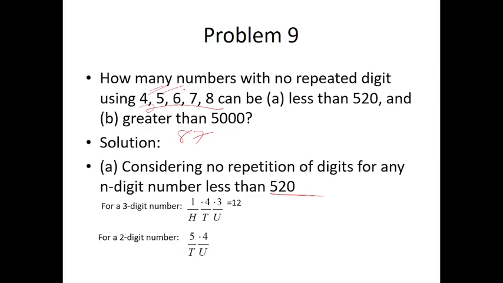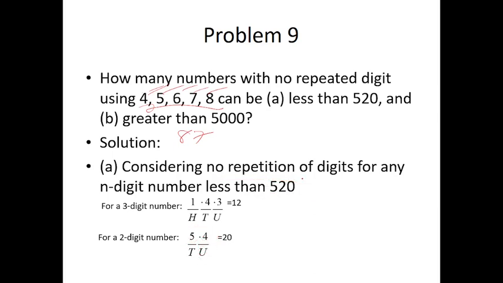So, I have 5 options. For yung sa units, dahil no repetition of digits, 5 minus yung 1, so kaya 4. So, we get 20.